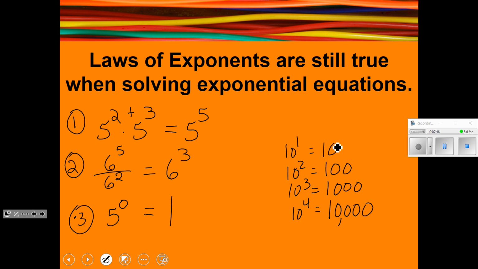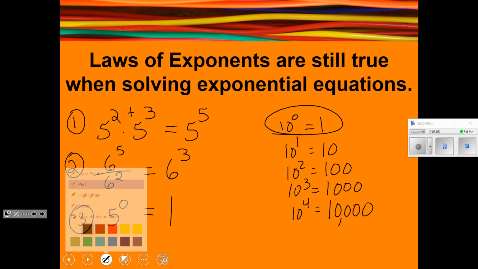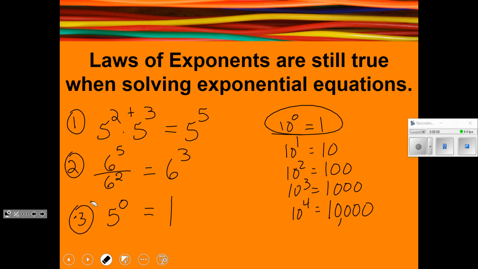Anything to the 1st power is itself. We know 10 to the 0 power is equal to 1 with 0 zeros. And it doesn't matter if it's 10. Anything to the 0 power is equal to 1. 5 to the 0 power, x to the 0 power, 8 to the 0 power is equal to 1. But that's just where it's based off of, your powers of 10.